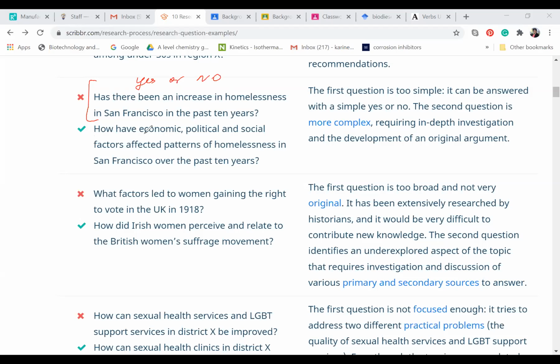How have economic, political, and social factors affected patterns of homelessness in San Francisco over the past 10 years? Now we don't say increase, we are looking at the patterns. So we caught the increase.